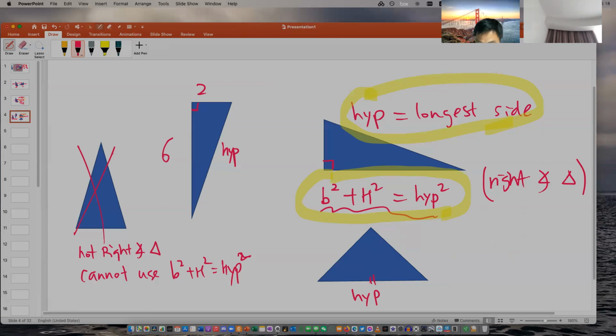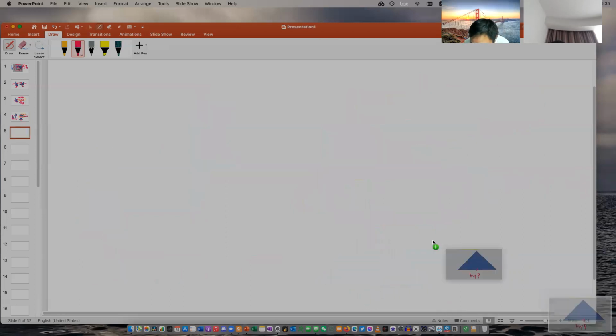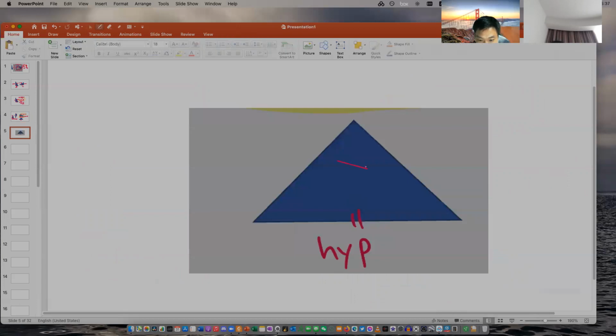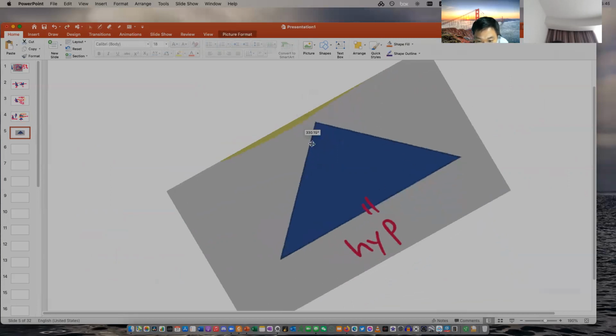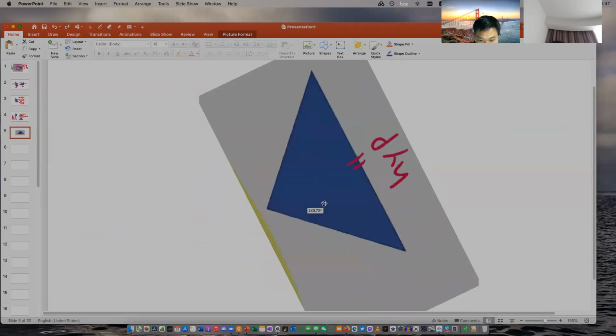So once you identify this as the hypotenuse, what I'm trying to say is, let me crop this out so that I can turn it and get it into another slide. Once you identify this is the hypotenuse, because this is the longer side, what you can do next is you make use of the concept just now.